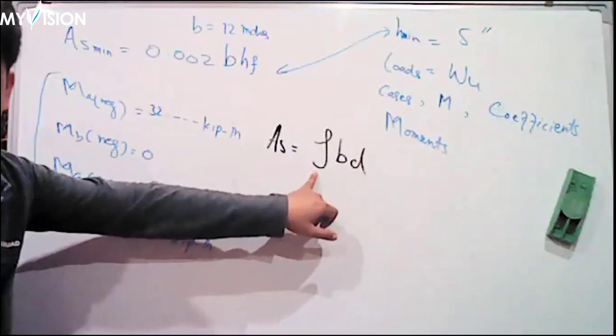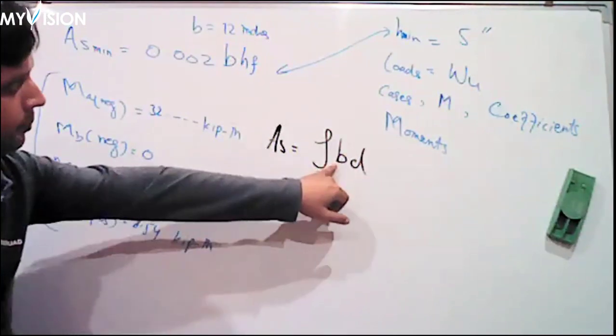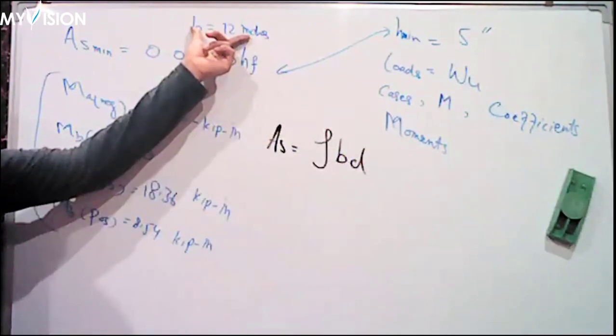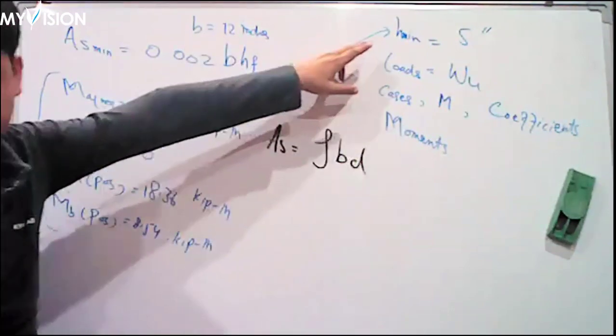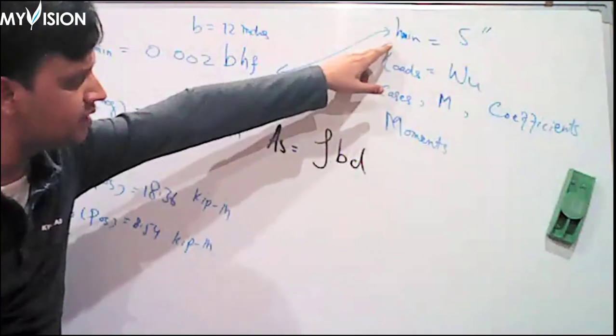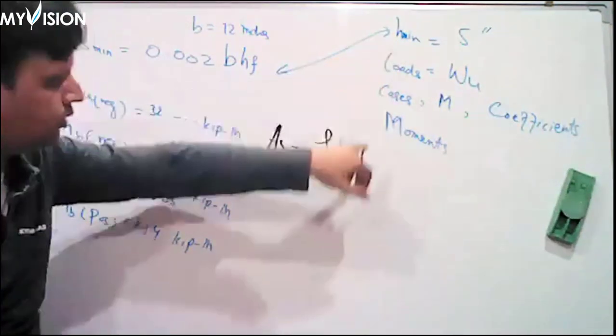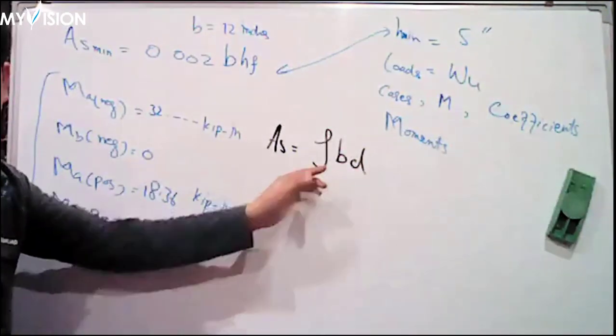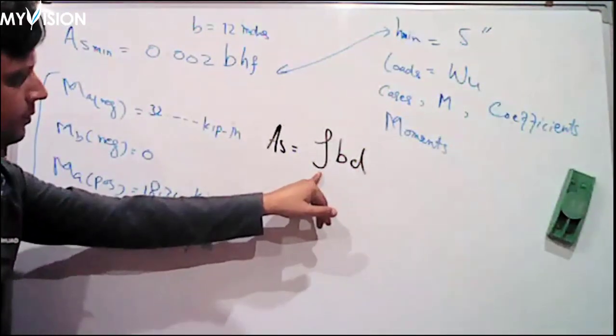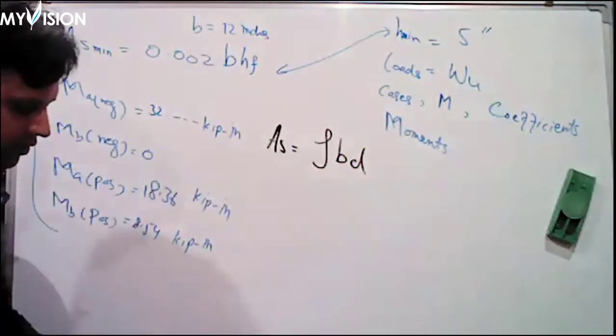Rho is the steel ratio, B is 12 inches as I told you before, and D is the effective depth, means 5 inches minus 1. But how can we calculate the steel ratio? Only one unknown is left.